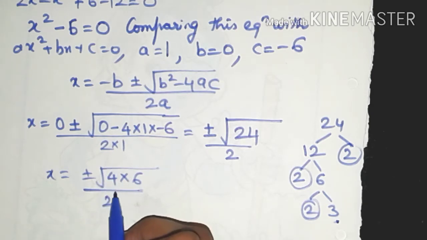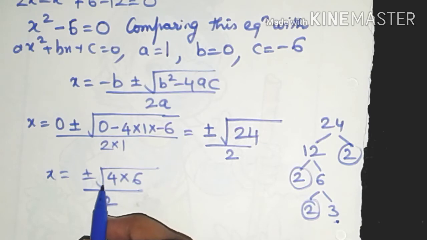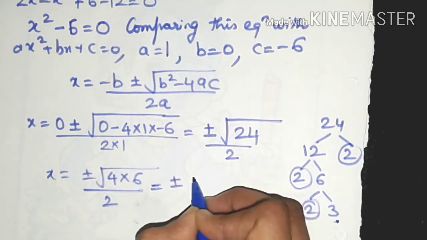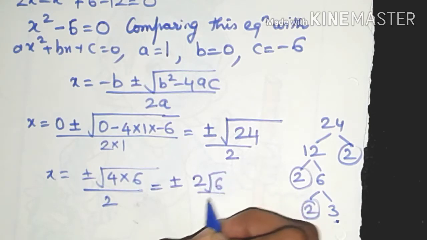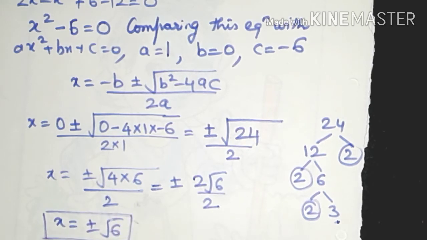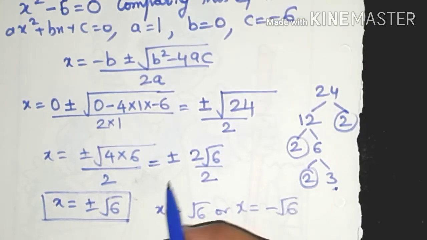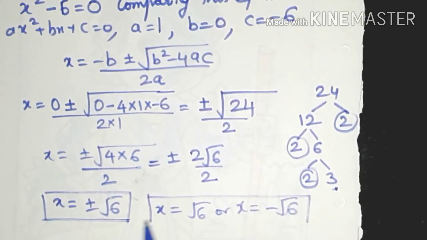Okay, why am I taking this combination 4 into 6? Because then I can write that root of 4 is 2. Correct? So I will write that. So 2 and 2 get cancelled in the numerator and denominator. So I will end up with plus or minus root 6. So I can also write this as x is root 6 or x is minus root 6. So this is the final answer.